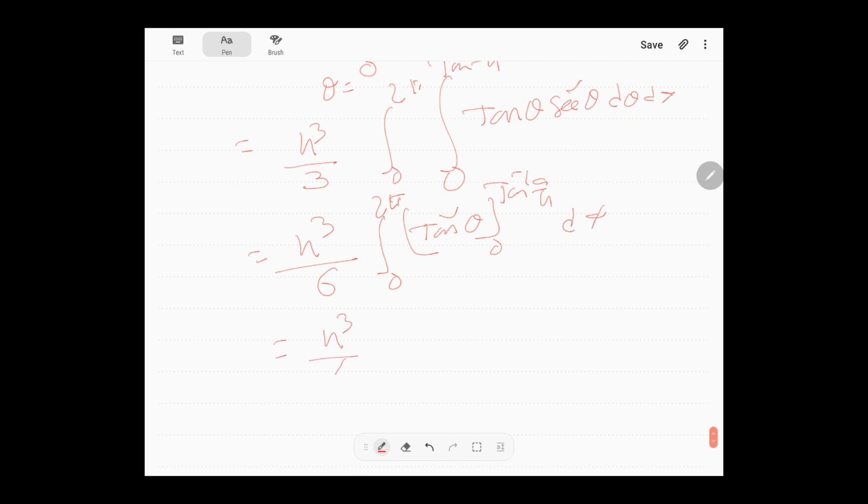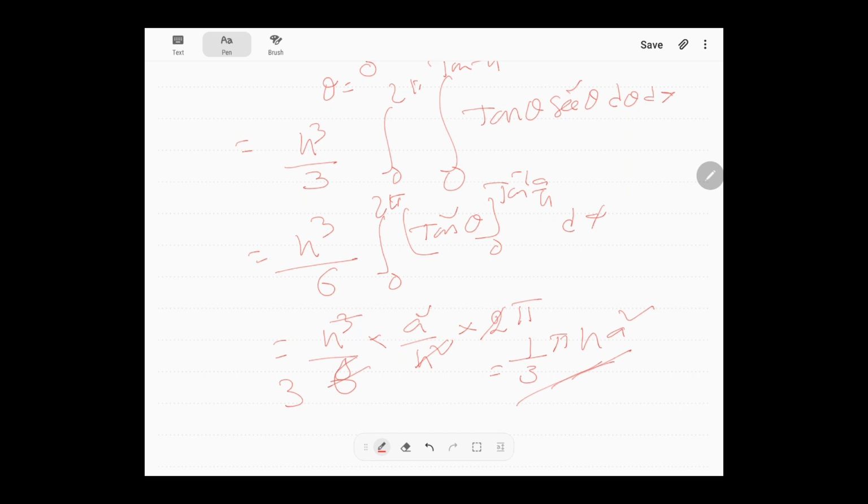So ultimately h cube by 6, and here it is a square by h square, and integral d phi is phi, which with the limits is 2 pi. 2 in 6 goes 3 times, h square cancels with h cube leaving h, so we get 1/3 pi h a square. This looks like 1/3 pi r square h, the volume of the cone.